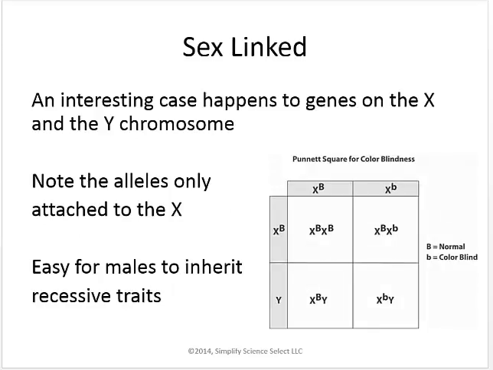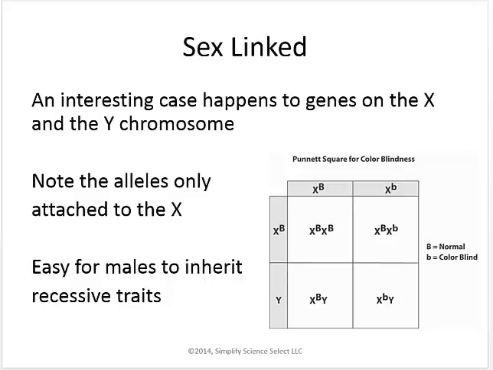It's interesting whenever it gets to sex linked, though. It's particularly interesting for males. Sex linked means that the locus for that gene is on the X chromosome. Well, for males, we only get one X. So since males only get one X chromosome, if you get a recessive X chromosome, your phenotype is the recessive.